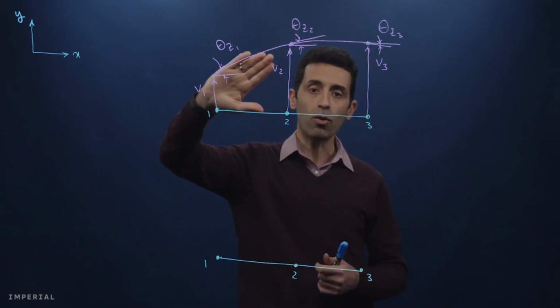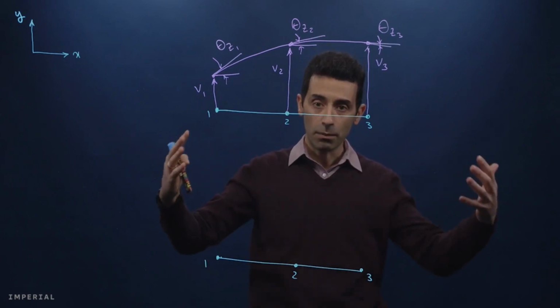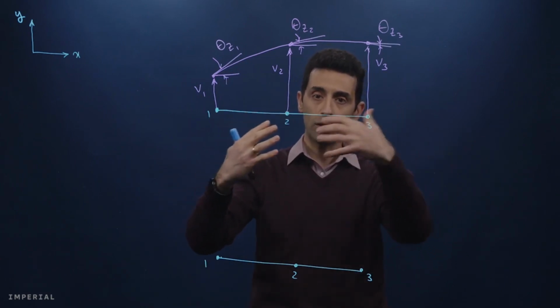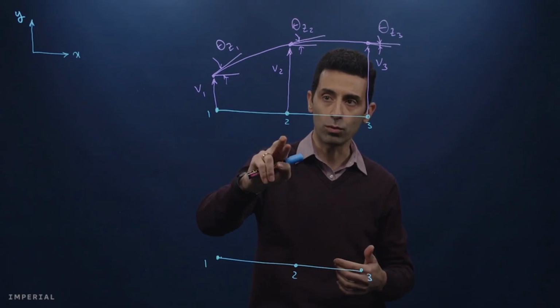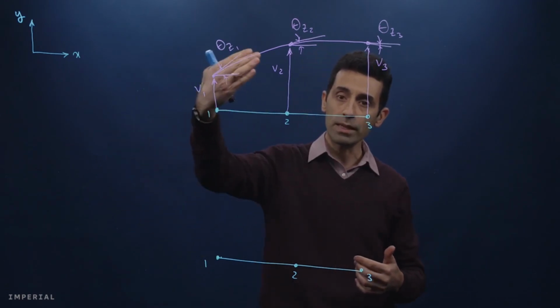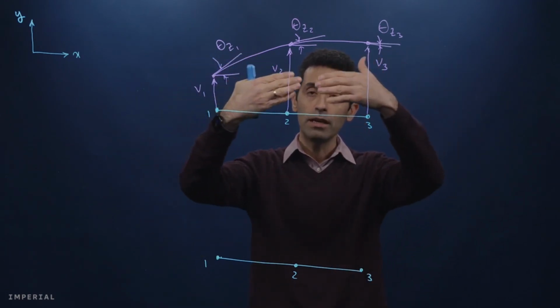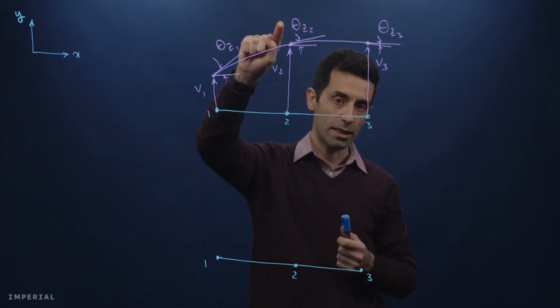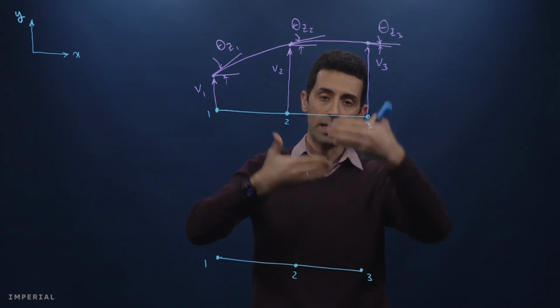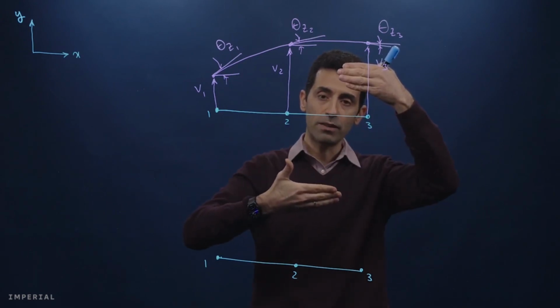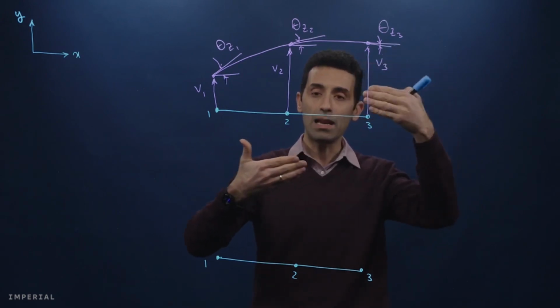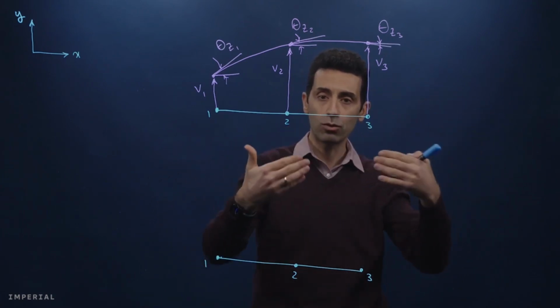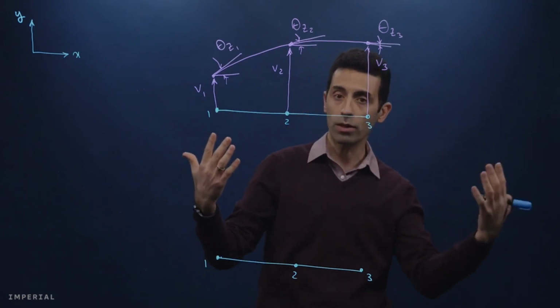But what is important with this interpolation function is to make sure that when we are approaching node 2 from this side or from this side, we arrive at the same value of v2 and theta z2. In other words, there cannot be a disconnection between these 2 elements when we are approaching node 2 from one side or the other side.